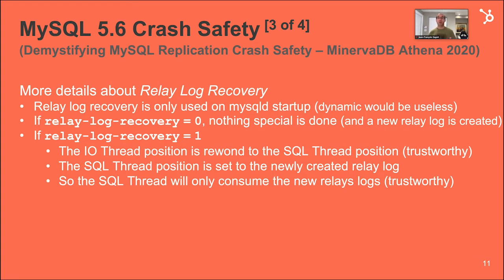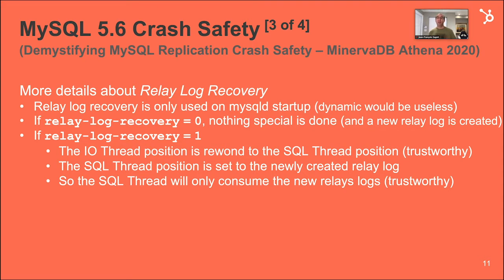So let's remember about show slave status. There's a position in the relay log in the SQL thread state. So it takes that and it overwrites the position of the IO thread with this. And it's trustworthy because it's in a table.